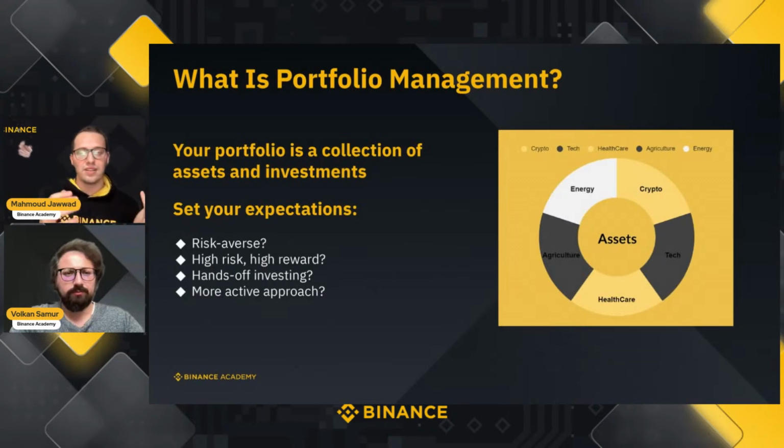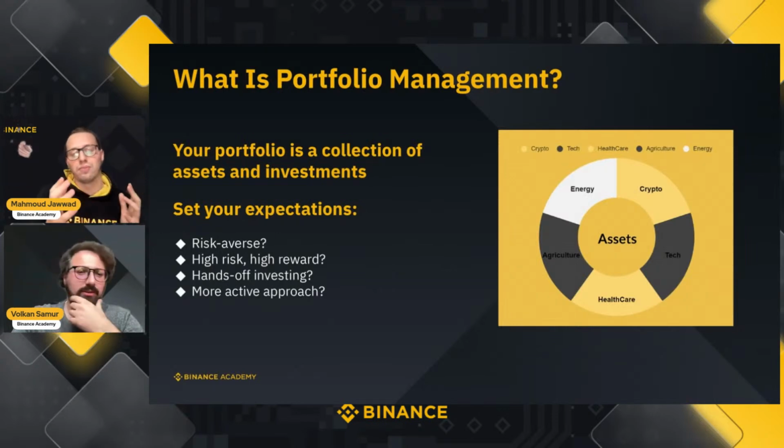You have entertainment trading cards featuring various characters from movies, TV shows, and video games. Anything you can invest in can be part of your portfolio. If you're only trading cryptocurrencies, it will likely be made up of a combination of Bitcoin and other altcoins. And each part of your portfolio can work together to create an overall strategy.